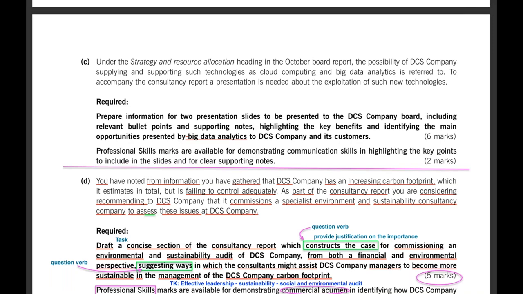and equitable for the stakeholders. So who are your stakeholders? It can be your employees.